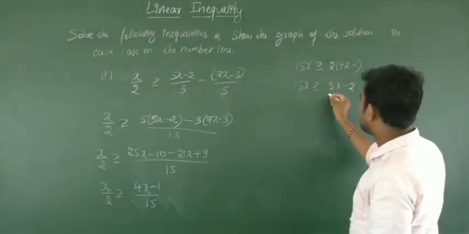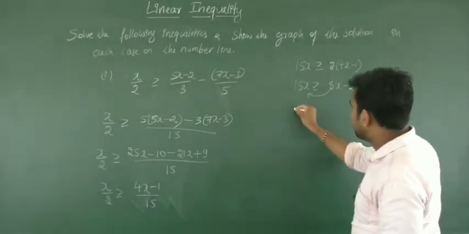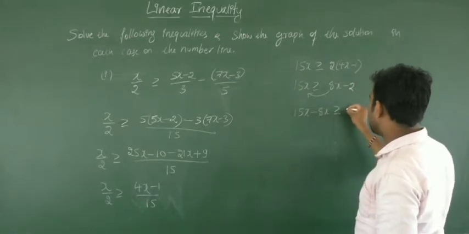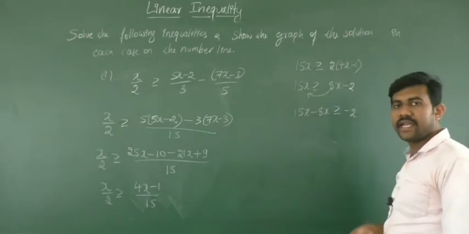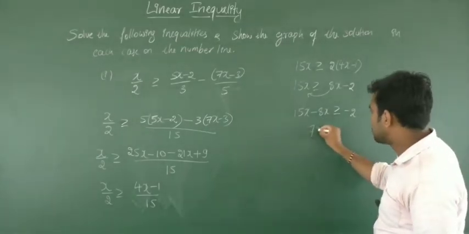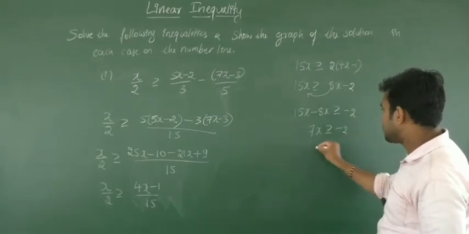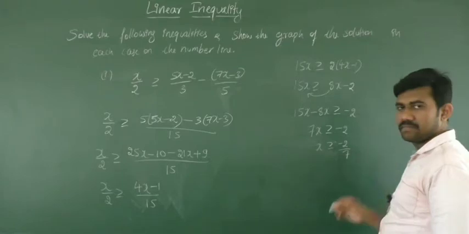Now rearrange, bring this 8x to this side. So what will we get? 15x minus 8x greater than or equal to minus 2. 15x minus 8x is nothing but 7x greater than or equal to minus 2, or x is greater than or equal to minus 2 by 7.